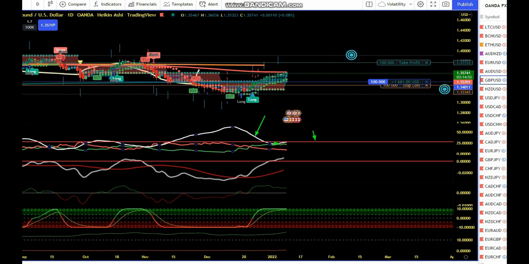That means the trend is becoming more powerful, more bulls are coming into the market, and sellers or short traders are taking profits, or their stop losses have been hit. They are out of the market, and they will come again into the market.